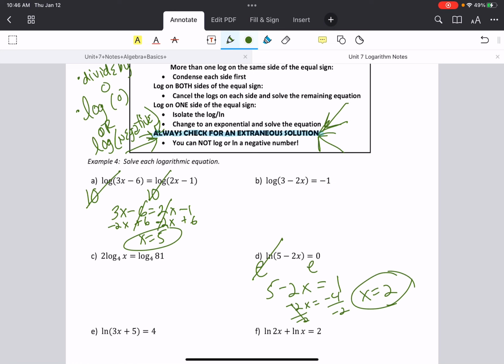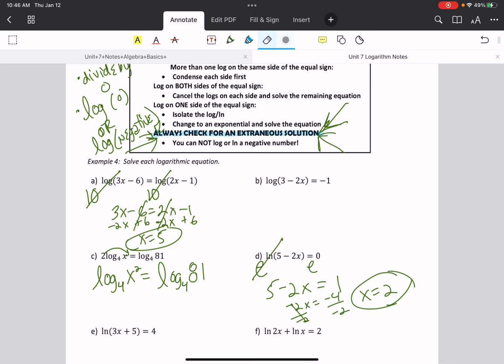We're going to look at C. C ends up with an extraneous solution. We have to do the power thing. Good, Caden. You have to do the power rule first. I can't put the 4 exponent on both sides until I get rid of that 2. So first thing I'm going to do is move that up. Do we have to break the 81 up?